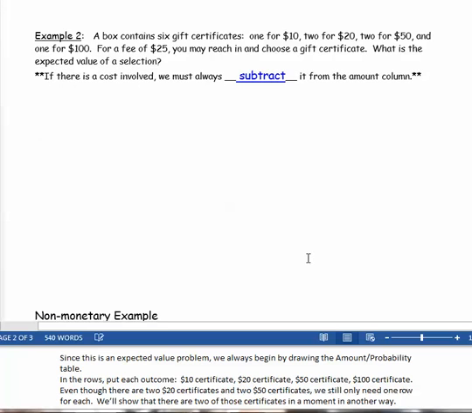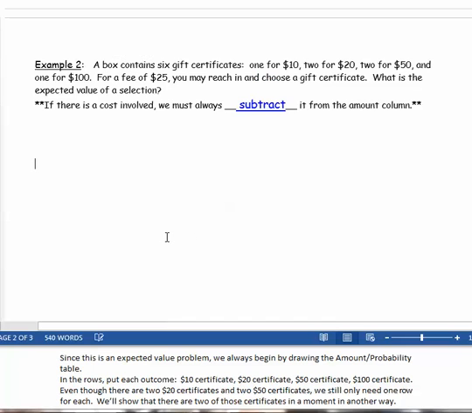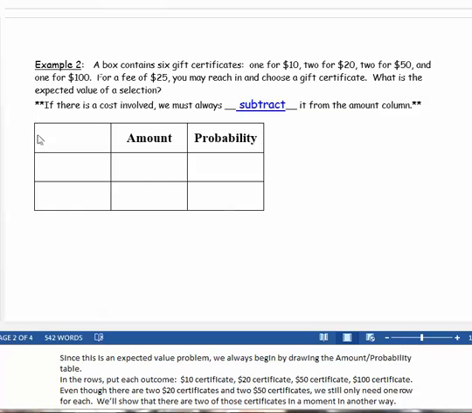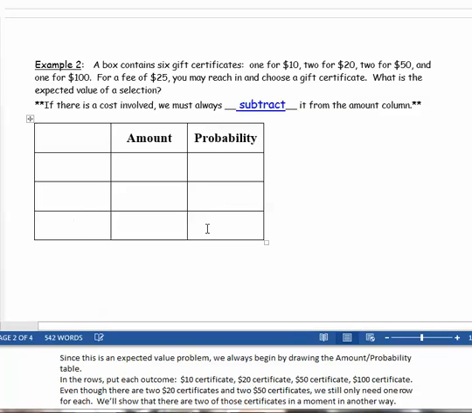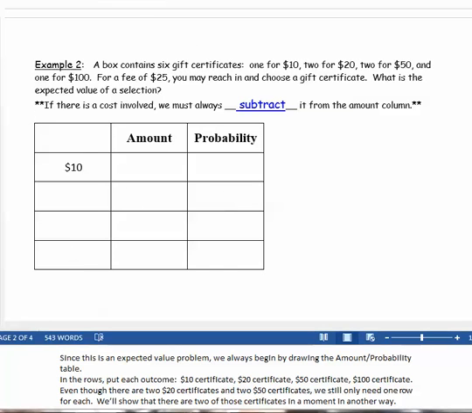Since this is an expected value problem, we always begin by drawing the amount probability table. In the rows we put each outcome: $10 certificate, $20 certificate, $50 certificate, $100 certificate. So we're going to need more rows this time.